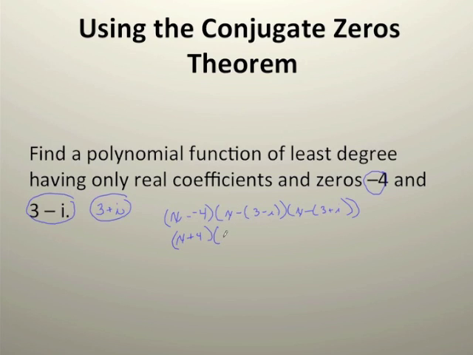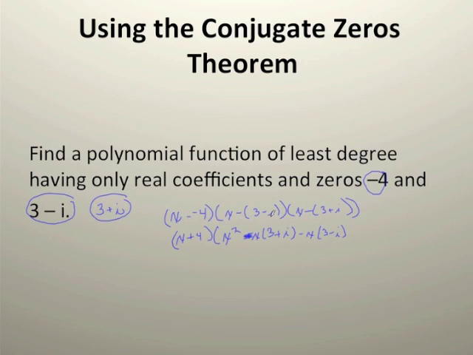So x times x is x squared. x times the 3 plus i will give me, so I have x times 3 plus i. Oops, it's a negative. It's a negative x times 3 plus i. And the middle terms will give me a negative x times 3 minus i.